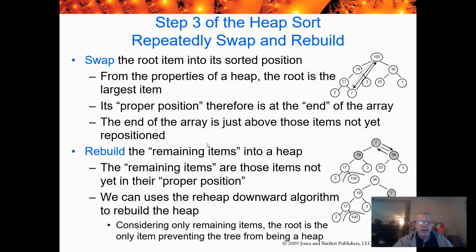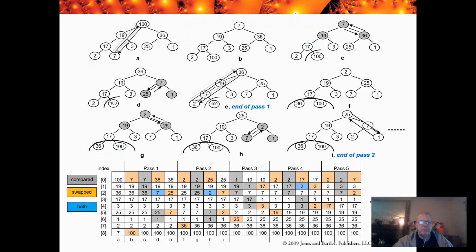So we rebuild the remaining elements into a heap, and we do it this way. Swap 7 with 36, and then 7 with 25. So here's a couple passes through. Notice that 100 swaps with 7 like we showed on the previous slide, and then 100 is fenced off at the bottom.